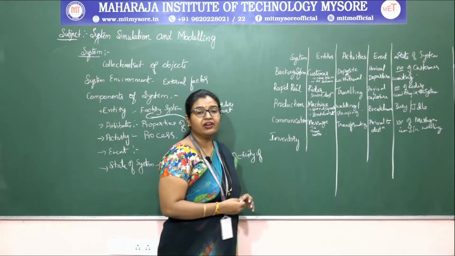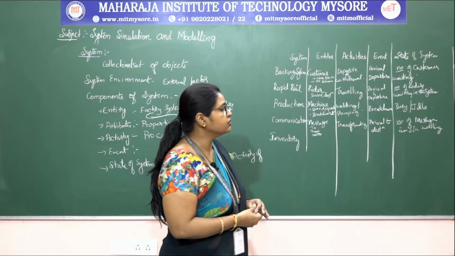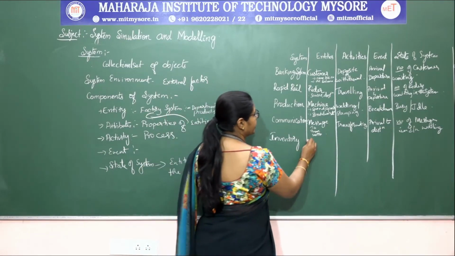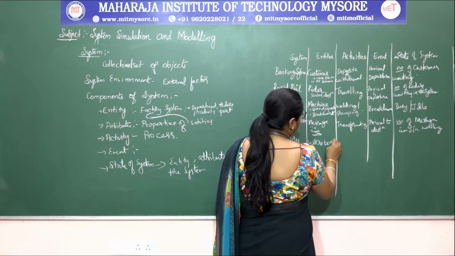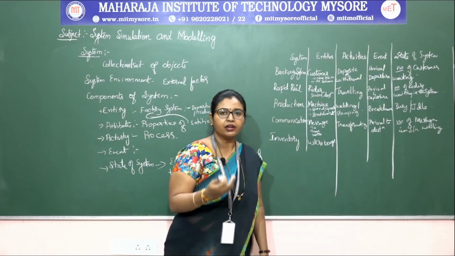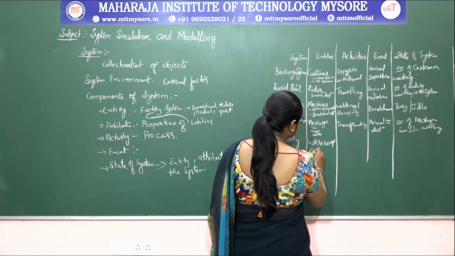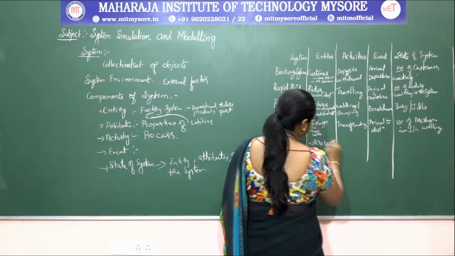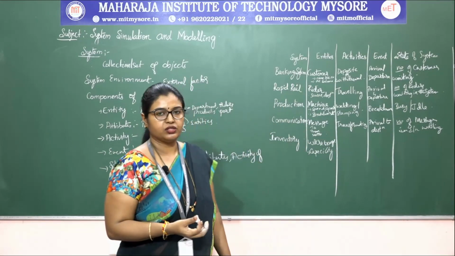Okay. Next, inventory. If you consider the inventory system, we can take the warehouse as an entity. If you consider the warehouse, definitely the capacity will be considered as an attribute, or the order, all those things, right?